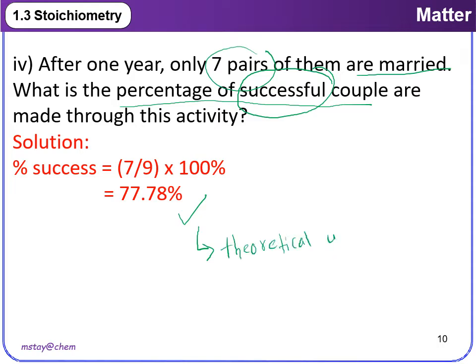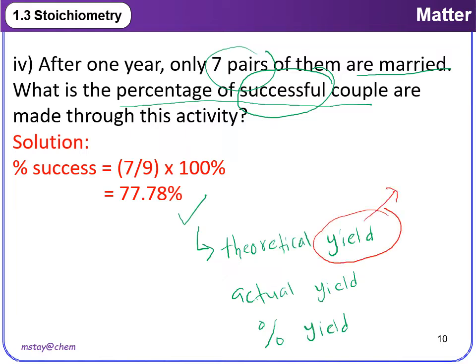Later I want to continue with the theoretical yield in the next slide, and also the actual yield or percentage yield. Here the meaning of yield is more like product. Based on this question, the theoretical yield supposedly is 9.